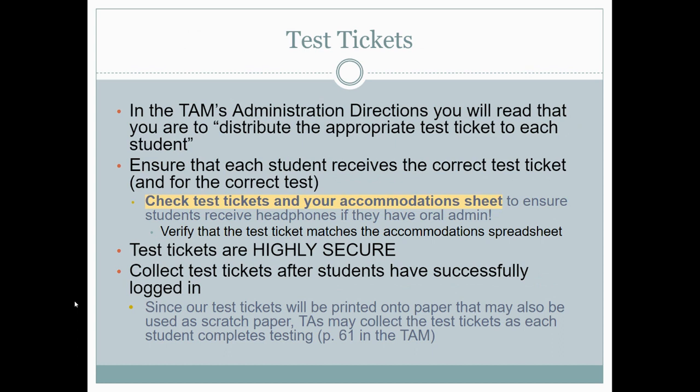So please double check, triple check all of your oral admin kids and make sure that they are listed as oral admin on your accommodations spreadsheet. Use that to check it against your test tickets. If there is a discrepancy, then do not allow the student to log in. Please instead reach out to your site lead, reach out to me and Courtney Boyd, so that we can confirm what the student's accommodations are before they sign in to take the test.